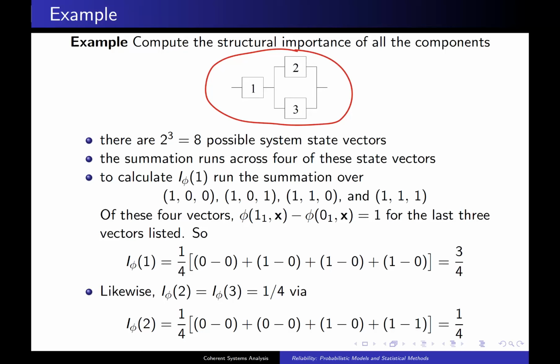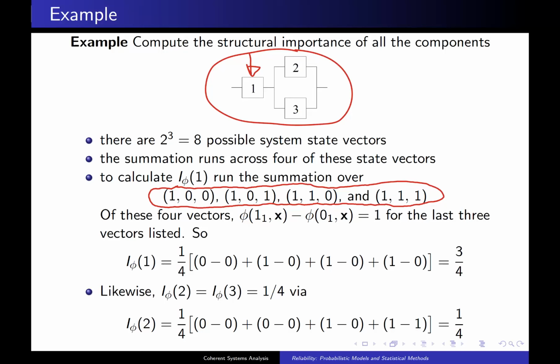The summation for the structural importance will run across 4 of those 8 state vectors. So let's start with component 1. We want to calculate its structural importance. To calculate I phi of 1, we want to run the summation over the 4 system state vectors which have a 1 in the first position.